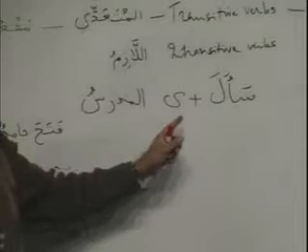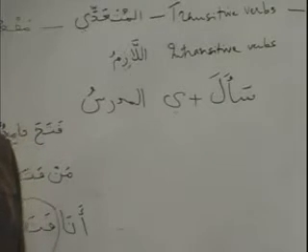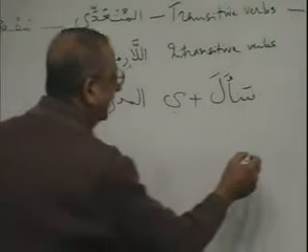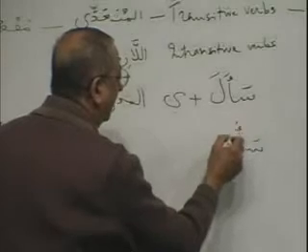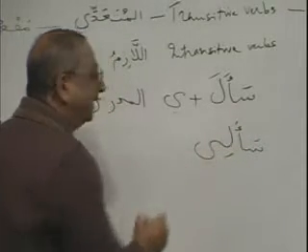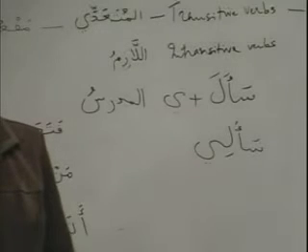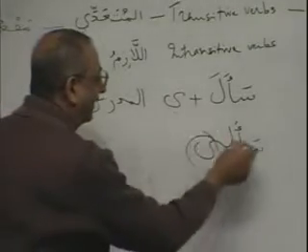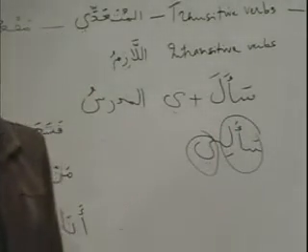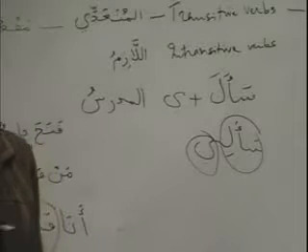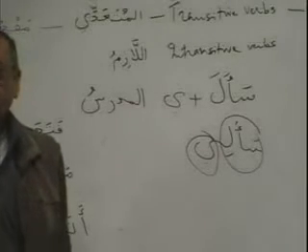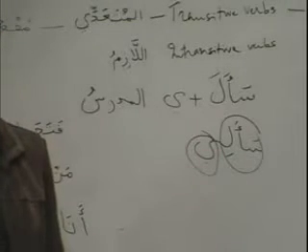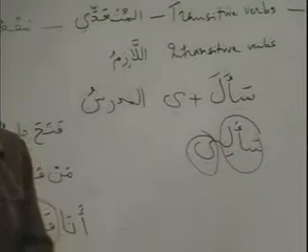When it came to sa'ala and ya mutakallim, you know what is the habit of ya mutakallim? It will give kasra. So if I say sa'ala, it will become sa'ali. Now brother, there is no such a verb. This is your mafulun bihi. How can this be a verb? No way. Now we have to protect this verb from being destroyed. Now this verb is ruined.